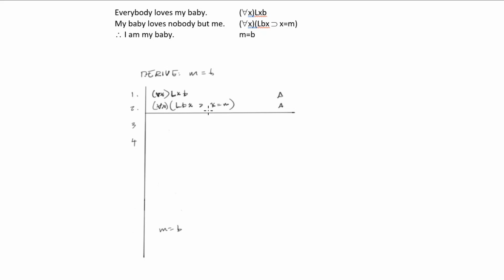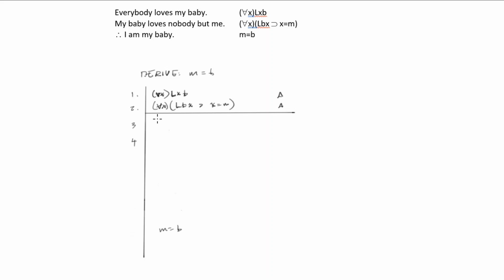And then we look at the consequent, x equals M, on line 2. Everywhere where we have that x, it would be really great to have a B. So it would be great to have B equals M, because we're after something that we know to be equivalent to it. And if we have LBB, the two B's following the two-place predicate L from the first two premises, then we would be able to use conditional elimination.